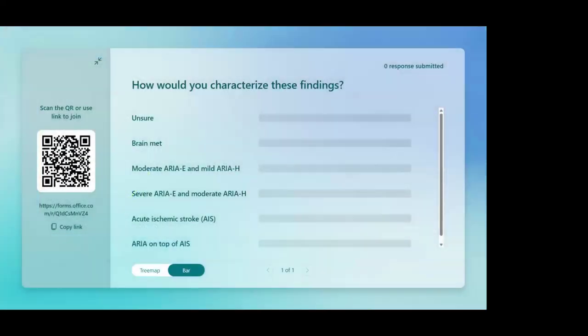We're going to ask you all, if you were so kind, to scan that QR code and try to enter the answer you think is the right one for this question. I'll give you 20, 30 seconds.